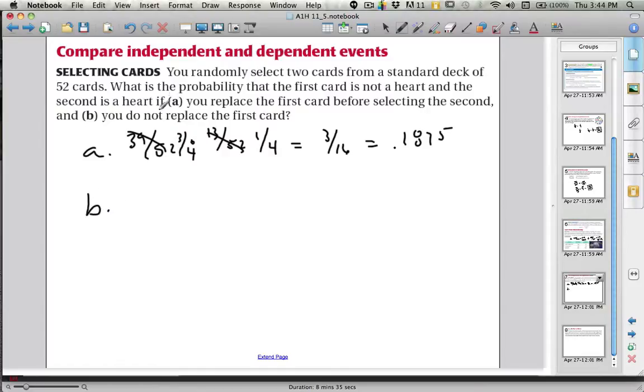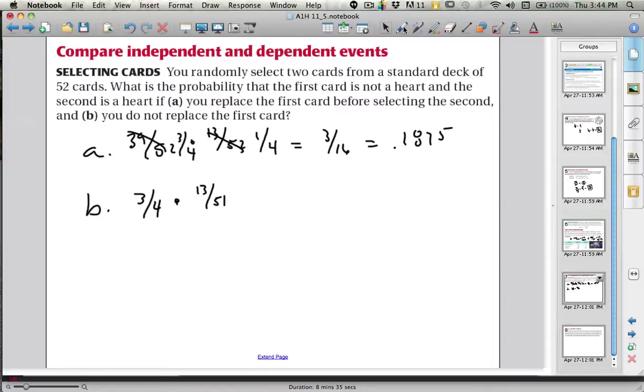Now B, these are dependent events. If I don't replace the card, this is still the same. The first is still the same, but now there are still 13 hearts in the deck, but there are only 51 cards. Okay, so this is distinctly different.